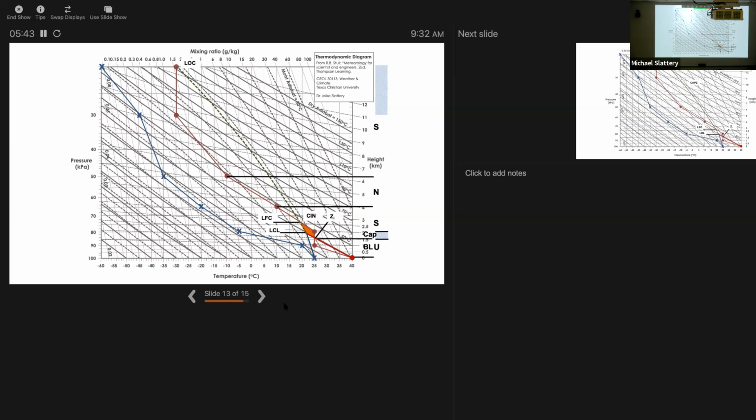Then finish off the little bit that we didn't cover, the convective available potential energy. That should set you up for hopefully success in doing the take-home exercise. And then we will get to talk about thunderstorms. That's the plan today.